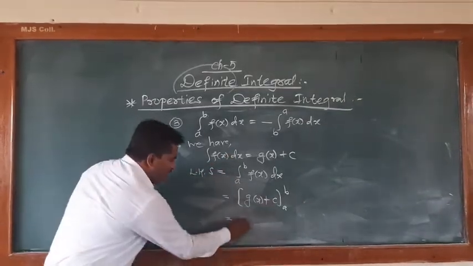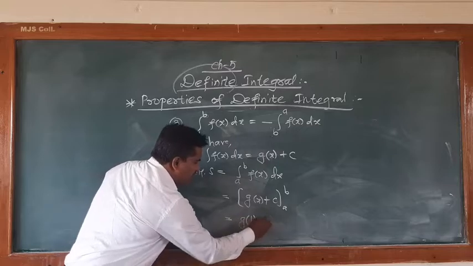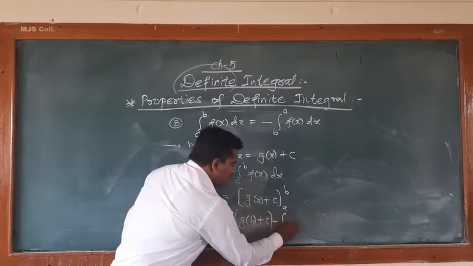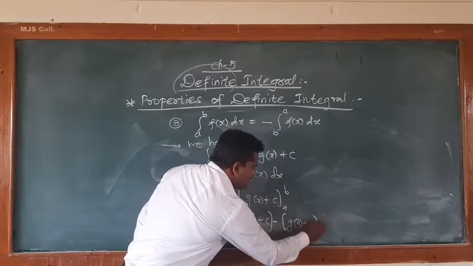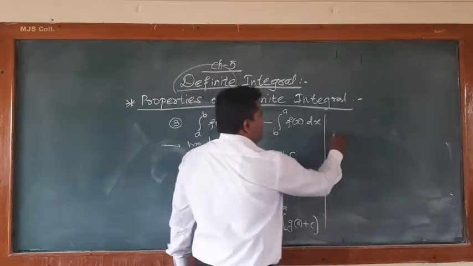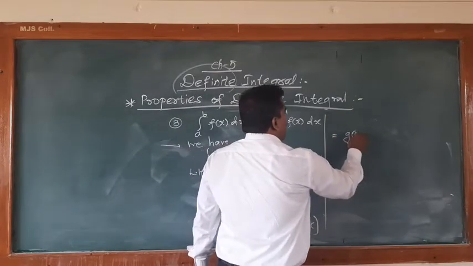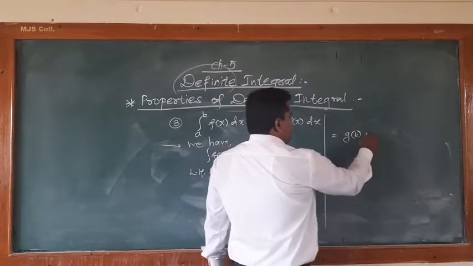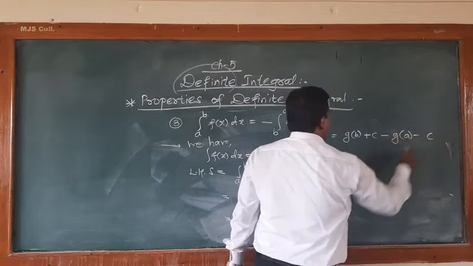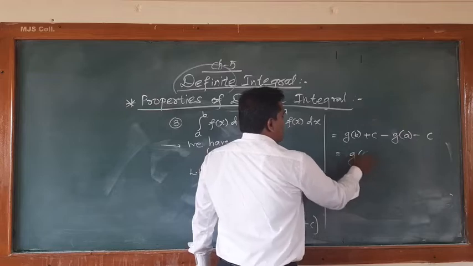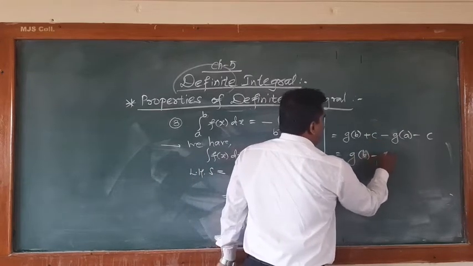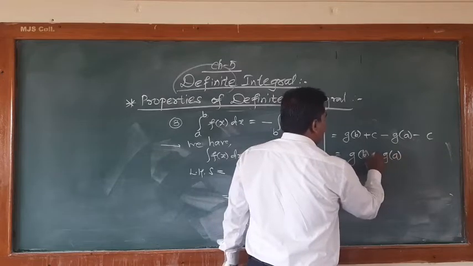With this lower bound and upper bound, we get g of b plus c minus g of a plus c. We get g of b minus g of a.